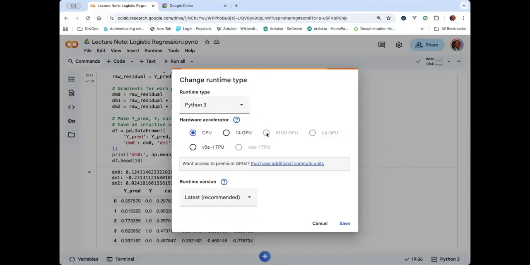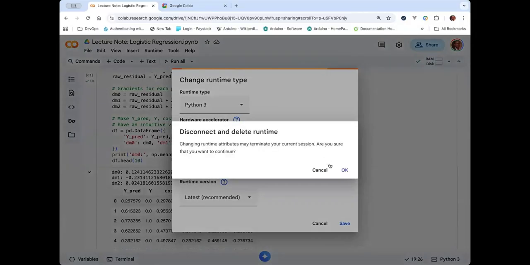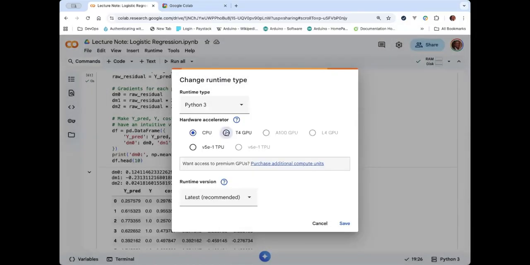But right now, Google gives us a T4 GPU and it gives us a V5E1 TPU. A TPU is what Google calls a tensor processing unit. It's just Google's own specialized brand of compute, right?